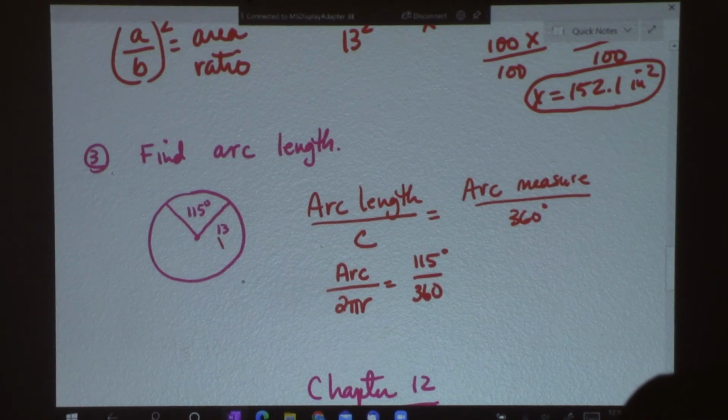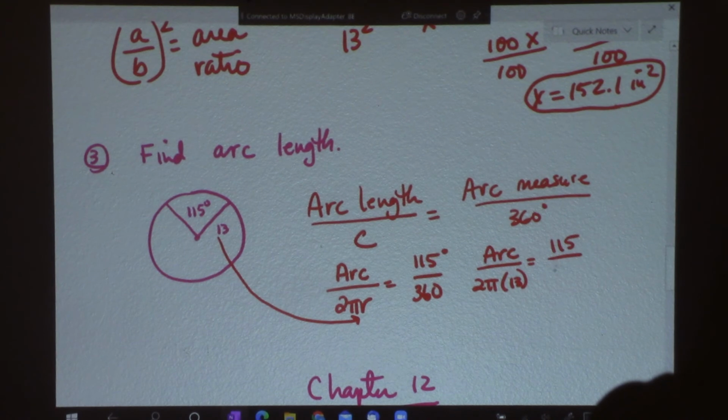So now all I need to do is put 13 in here. So I'm going to do arc, and then 2 pi times 13 equals 115 over 360. So my arc measure is 26 pi equals 115 over 360.